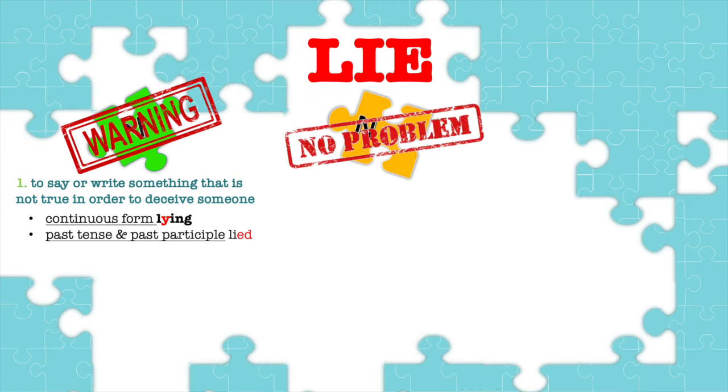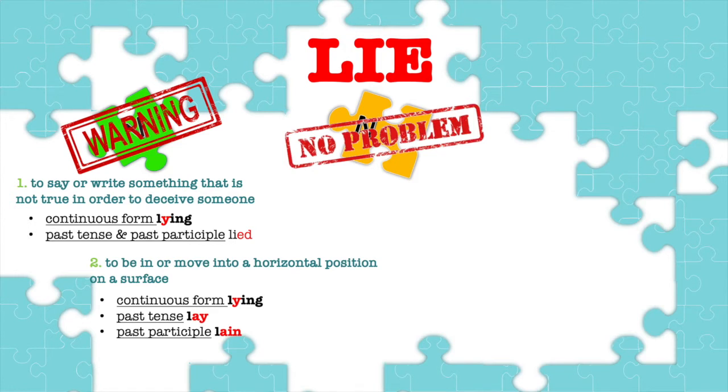So far, so good. However, when the word lie means to be in or move into a horizontal position on a surface, for example, you can say, I'm so tired, I'm going to lie down for a bit. The continuous form is the same, lying, but the past tense and the past participle forms change.